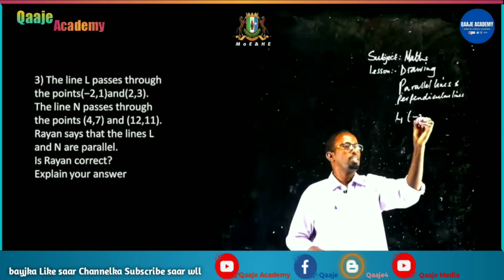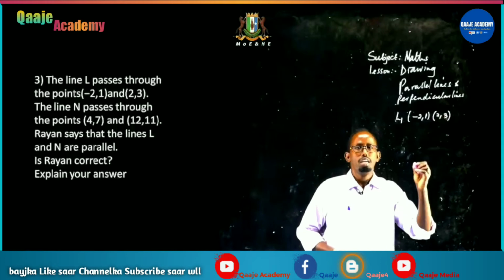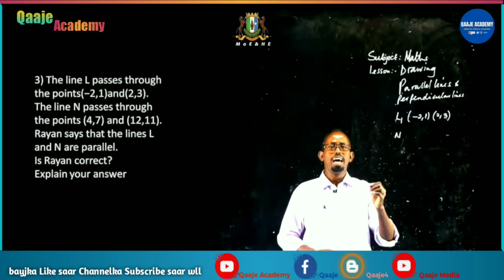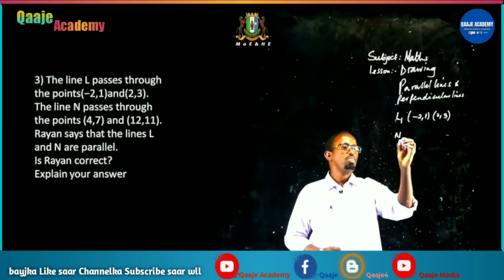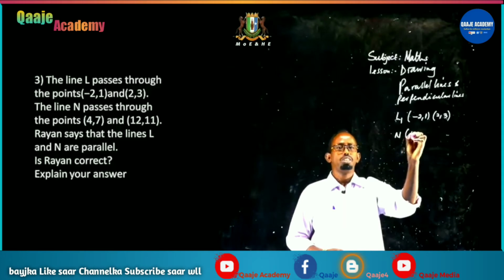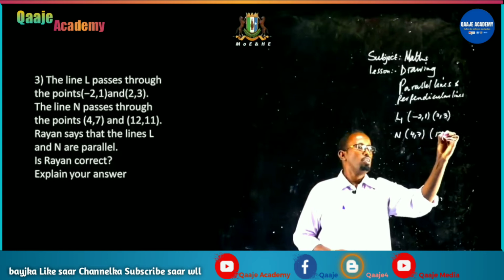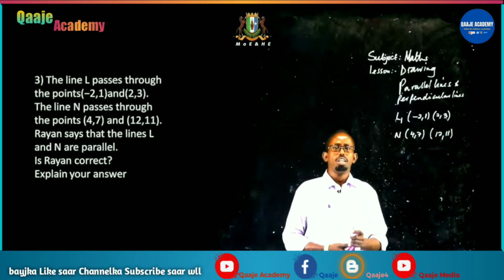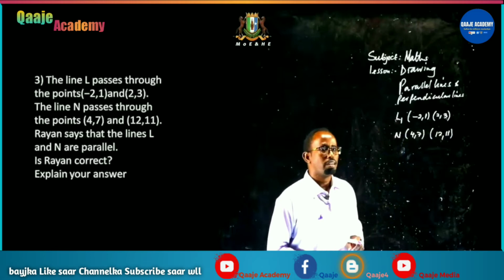And line N passes through the points (4, 7) and (12, 11). Now the question is, are these two lines parallel?